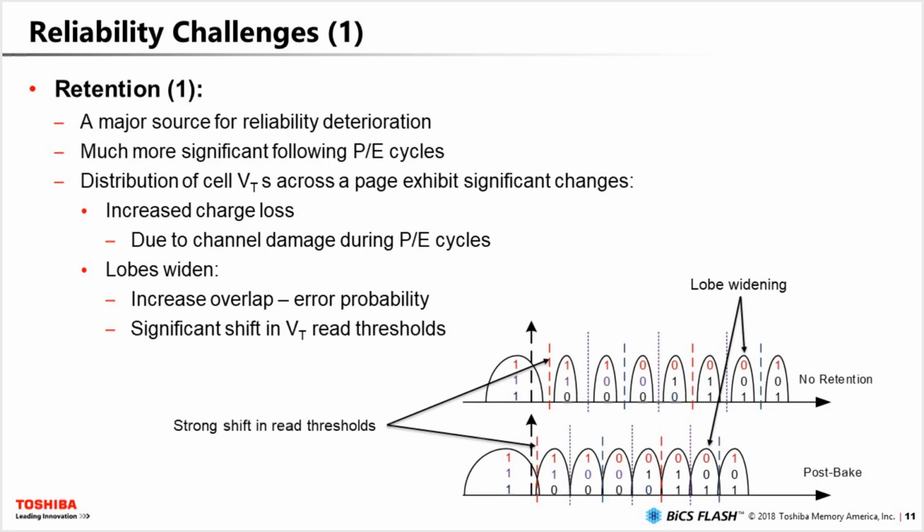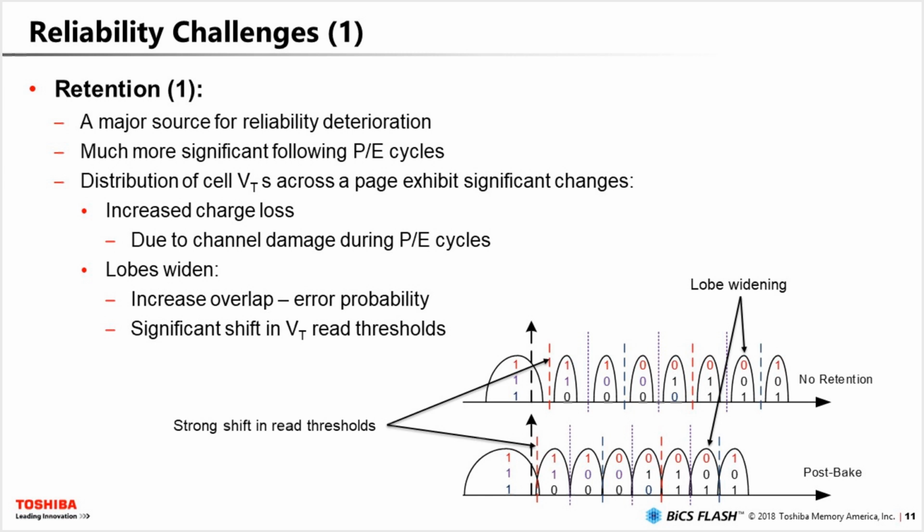A major source of reliability deterioration is retention. Retention is the time that we spend between the programming and until we read. If we programmed the device a year ago and we read it now, it has undergone retention. And this retention may cause significant changes in the distributions. These distribution changes are much higher for blocks that underwent high PE cycles than lower PE cycles.